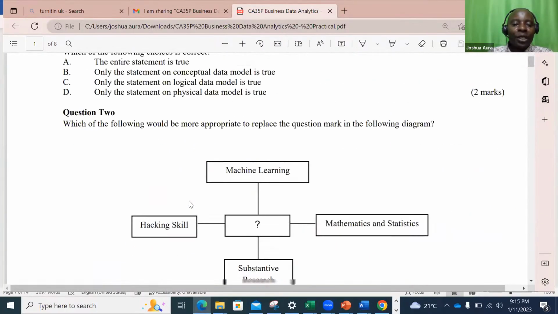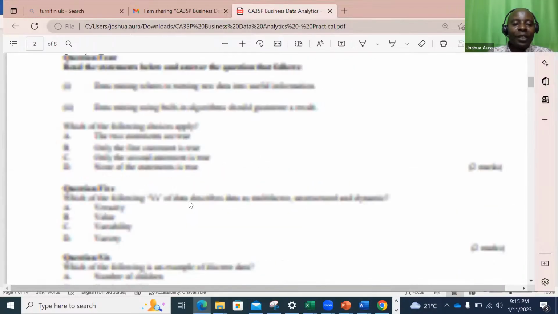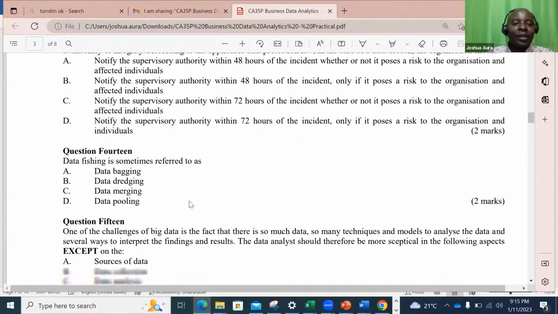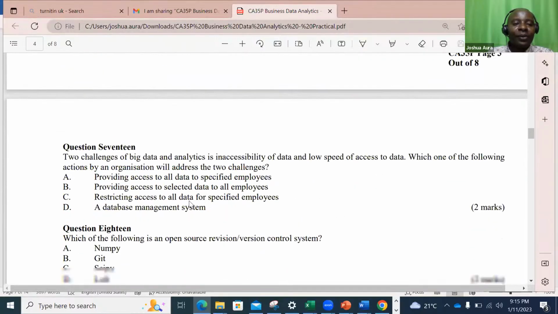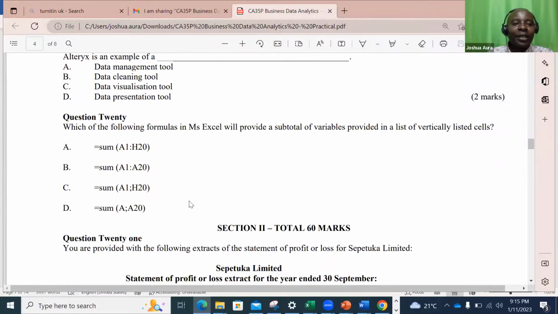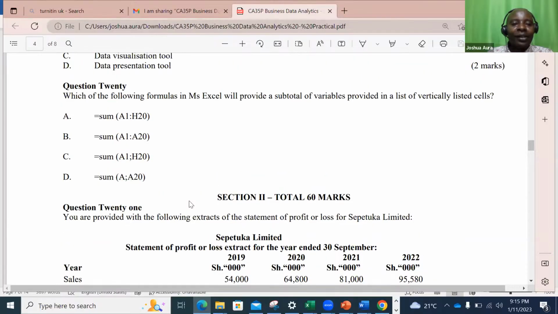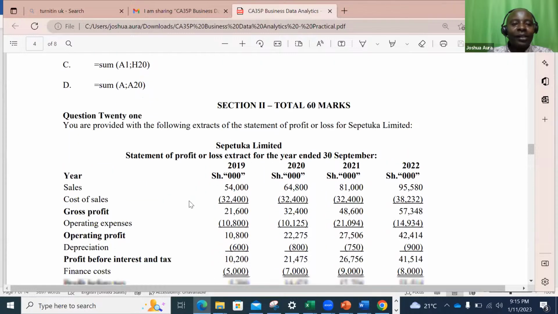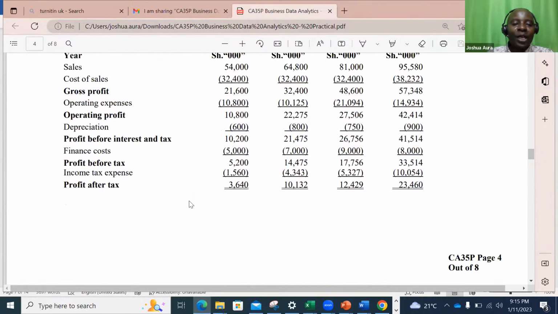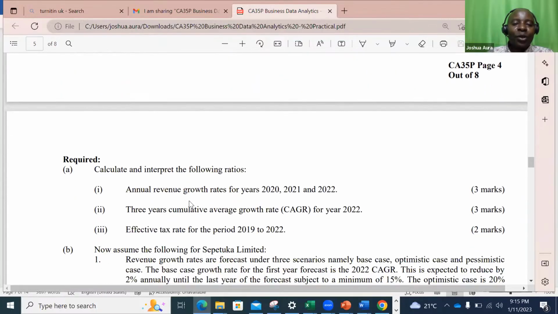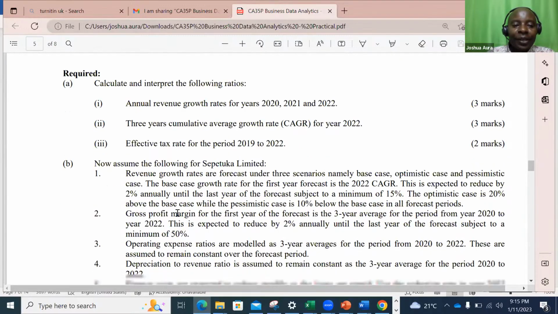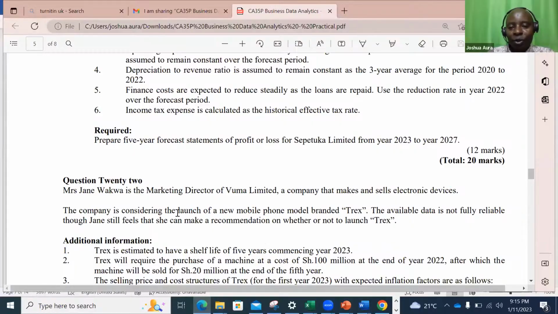We have the theory section, which has 20. And then we have section 2 here. Section 2, like here, calculate annual gross revenues, etc. Section 2, like this forecasting question was a heavy one, but I've been able to do solutions for them.